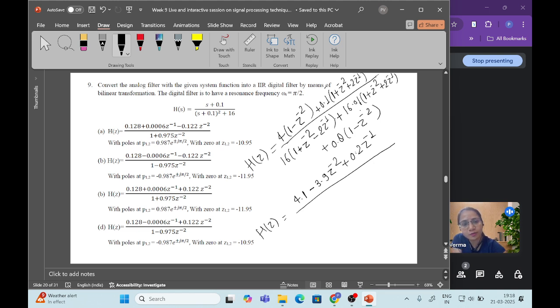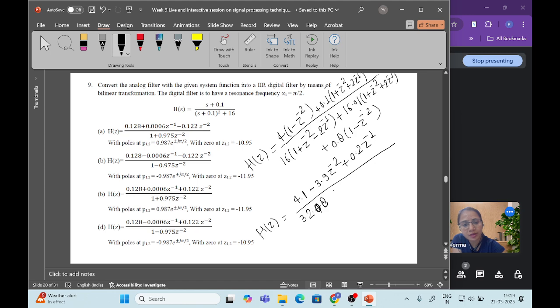Similarly here, 16 and 16, that is 32, so 0.01 I am removing, 32 plus 0.8, so 32.08.